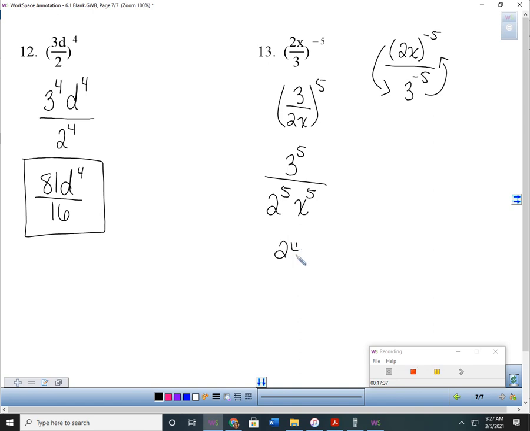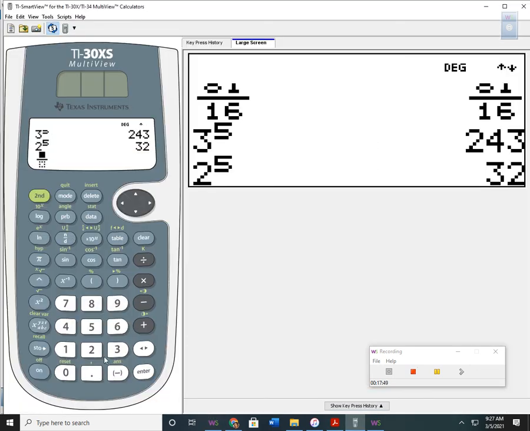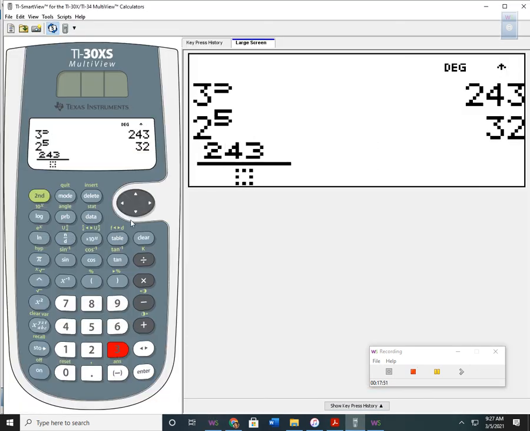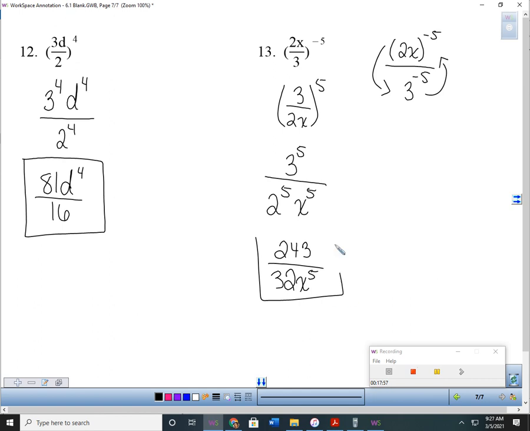So 243, and then on the bottom, 32, x to the fifth. And then make sure your 243 and your 32 don't reduce. So 243 over 32. No reducing. So I'm done with that.